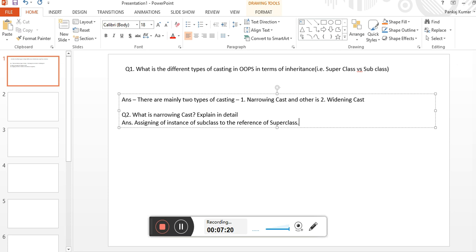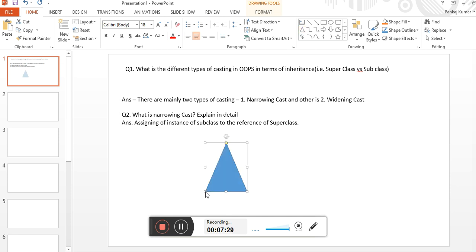We can represent this graphically as well. On this side I can write subclass, and here I can write superclass.